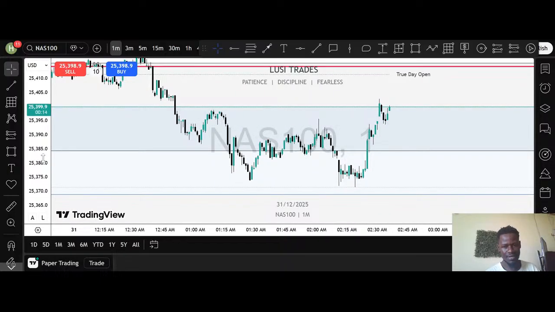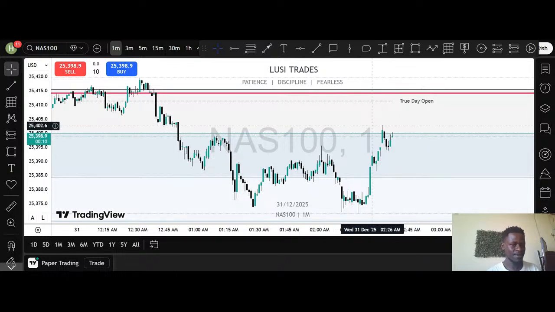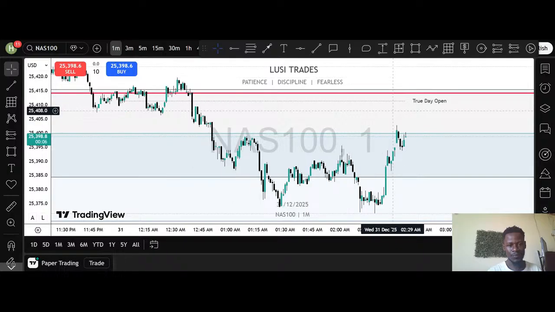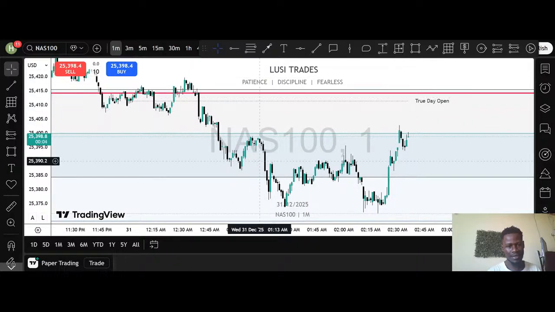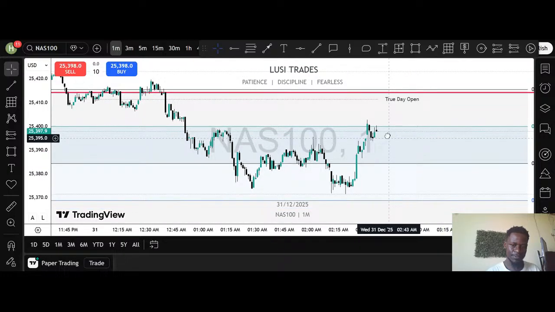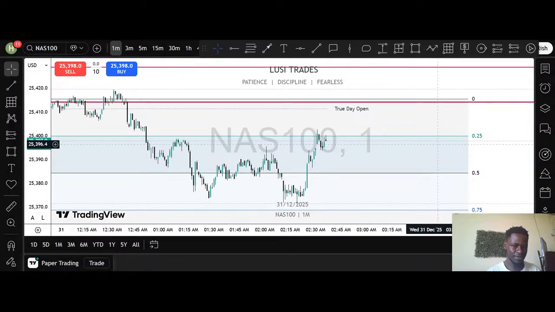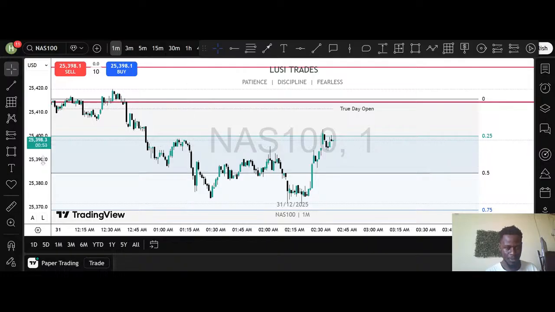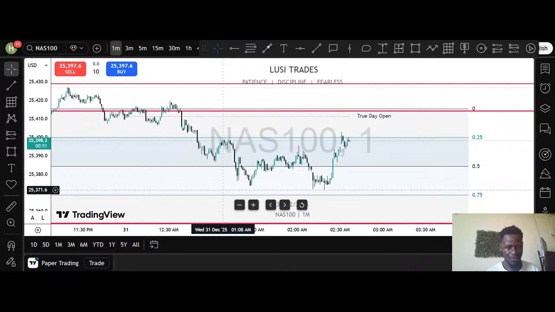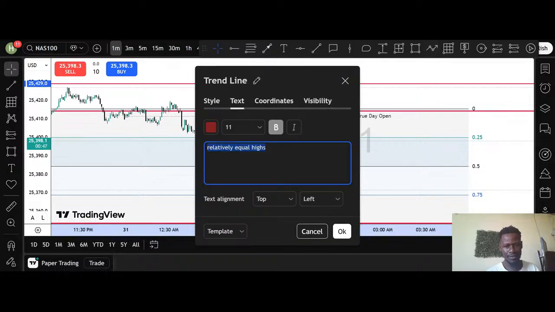So we want to see if, once we trade above this high, this level can help us push price up. This level is the 25 quadrant level. We understand that up there we are having some relatively equal highs that we just highlighted.